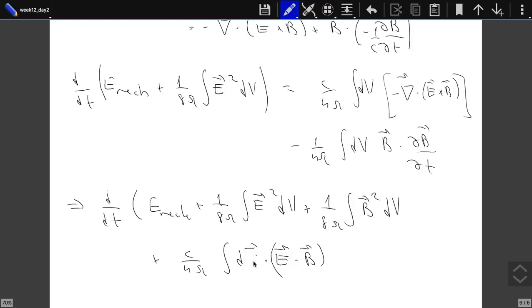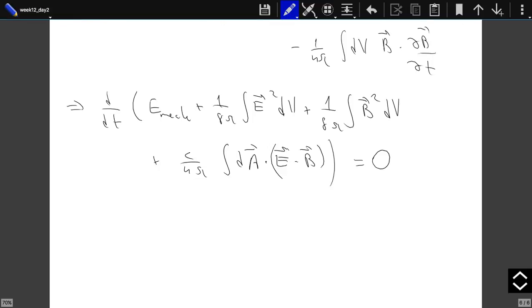Now let me write the surface integral as dA. This is equal to 0 for any surface, any volume. So I see, this is the mechanical energy of my particles due to their motion, their kinetic energy.